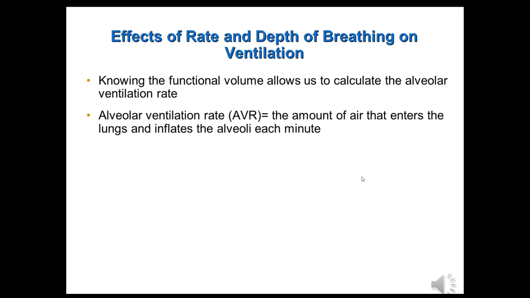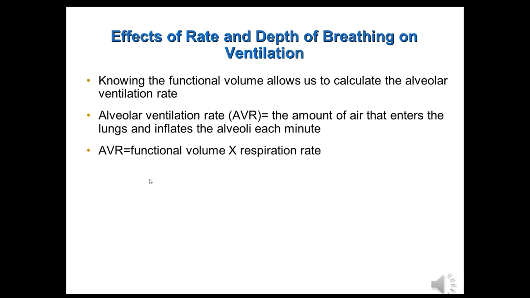What that is, it's the amount of air that enters the lungs and inflates the alveoli each minute. So what we now have to include is, well, how many breaths do we take a minute? It's all well and good to increase the depth of your breathing, right? But what's really going to determine how much air gets to your respiratory zone that participates in gas exchange is also taking into consideration your respiration rate.